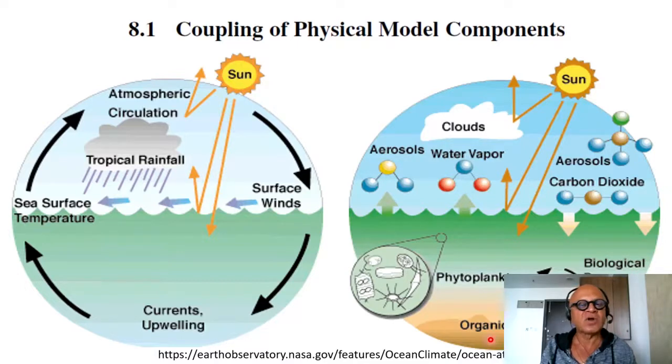You have organic carbon, inorganic carbon, nutrients being circulated, but effectively affecting the air-sea interaction also through aerosols like sea salt, sea spray that's putting aerosols into the atmosphere, which act as cloud condensation nuclei and affect clouds, cloud formations, evaporation, water vapor, which is of course part of the physical coupling as well.